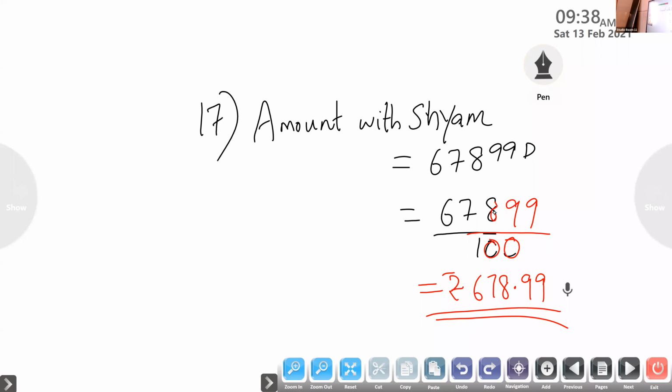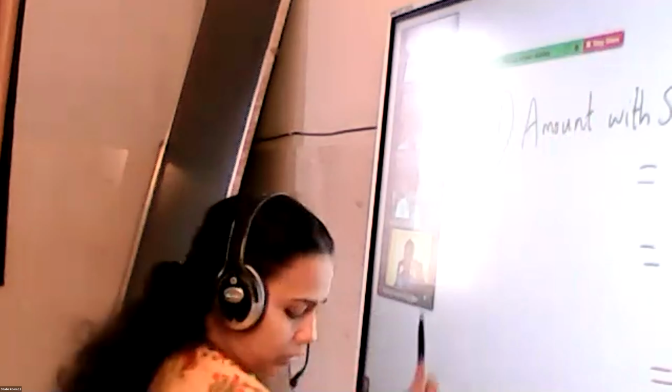Okay. So children, Anu's amount is given in paise, 5500. And Ria, she said that in rupees. Ma'am, both of them are the same amount.